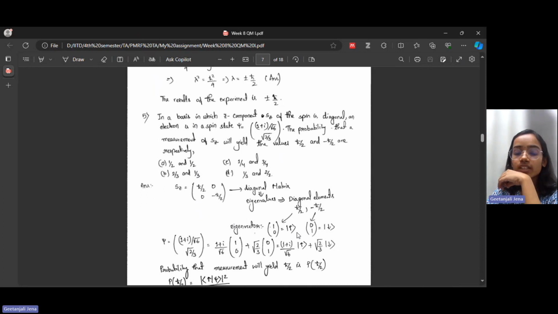So now you can write psi in terms of these. 1, 0 you can represent as a ket with an up arrow, and 0, 1 you can represent as a ket with a down arrow.